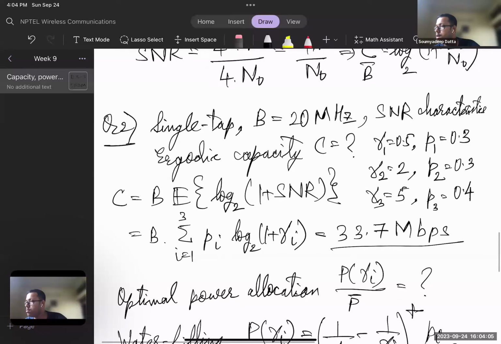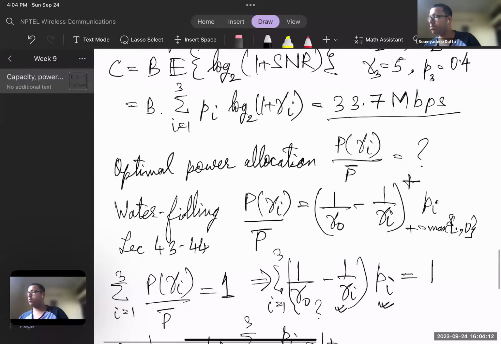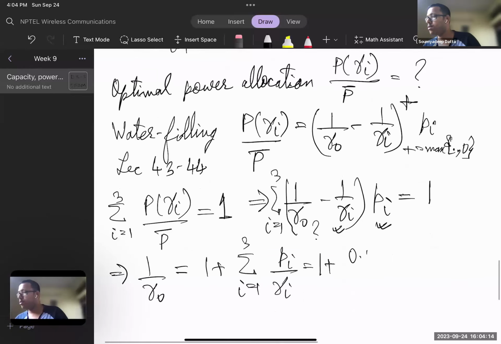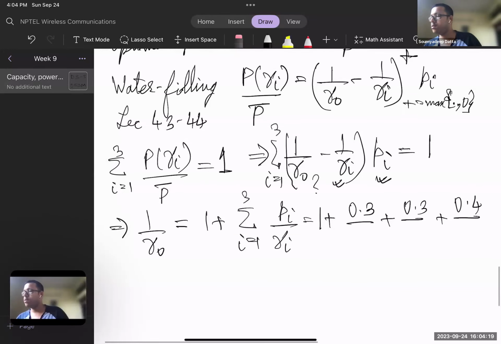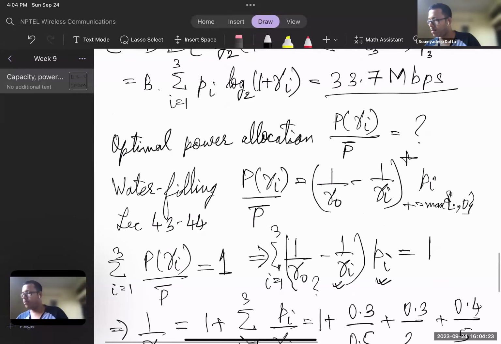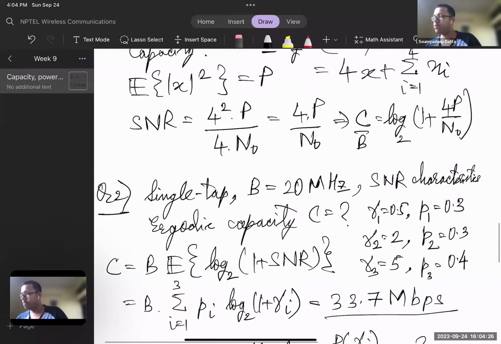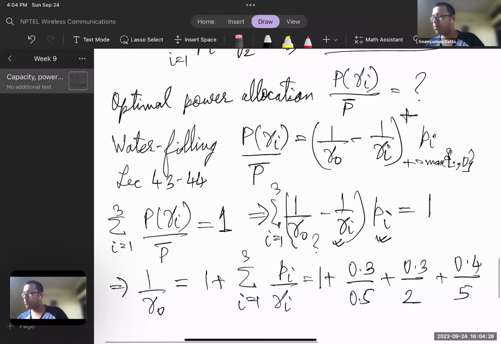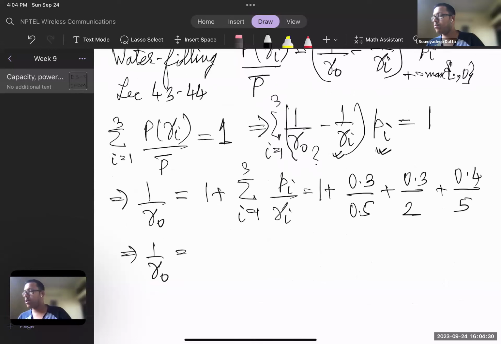The pis are 0.3, 0.3 and 0.4, and the gammas are 0.5, 2 and 5, right? So 1 by gamma naught equals 1 plus how much? 0.6 plus 0.15 plus.